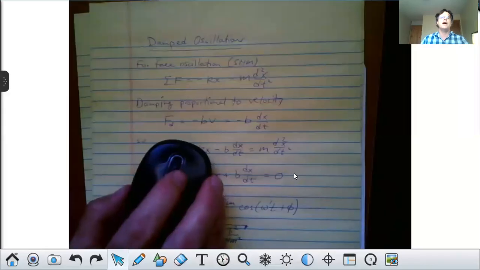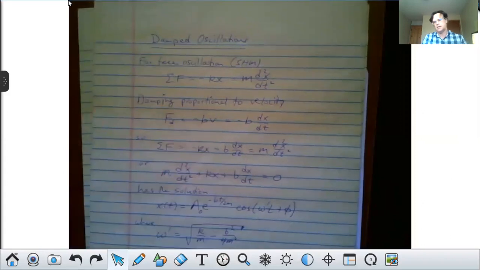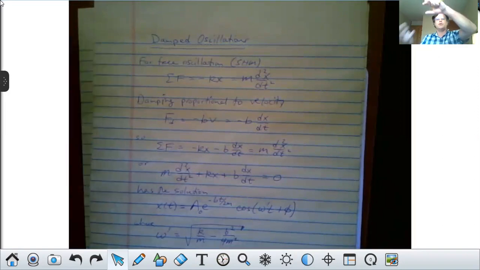And what I mean by that is that there's some kind of friction or resistive force to the oscillations. Now, the way this could come about is that you could have your spring in a fluid. It could be the air, or you could actually have it in a vat of fluid or something, but there's some resistance to that oscillation.